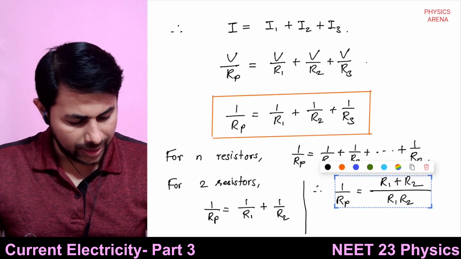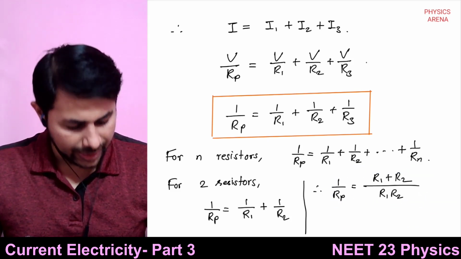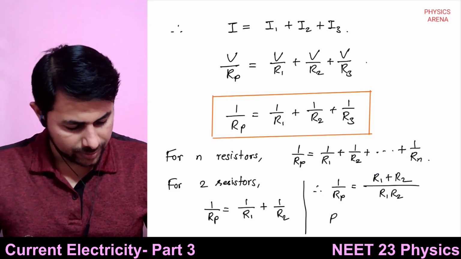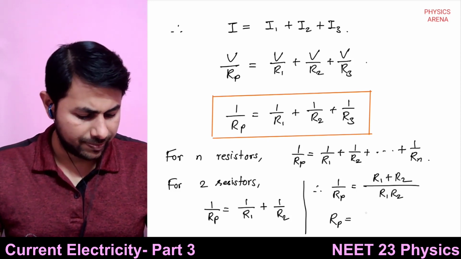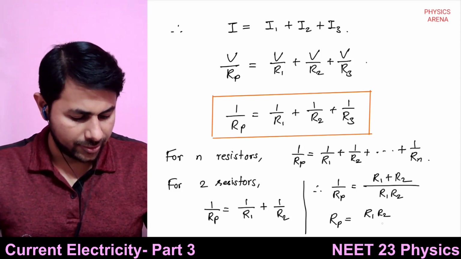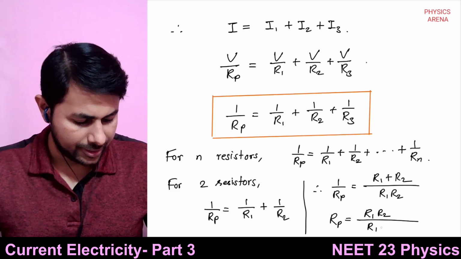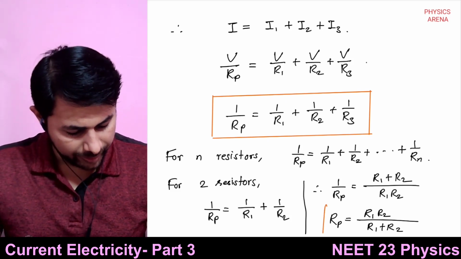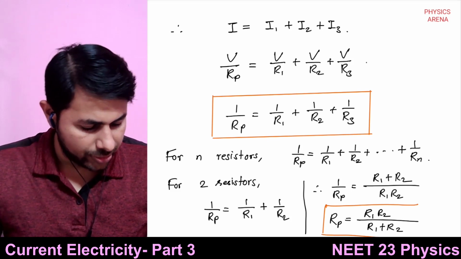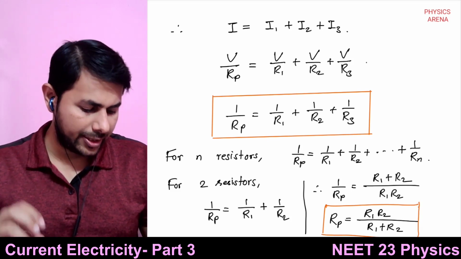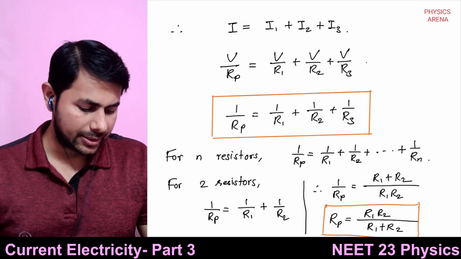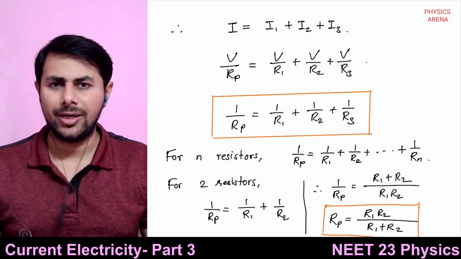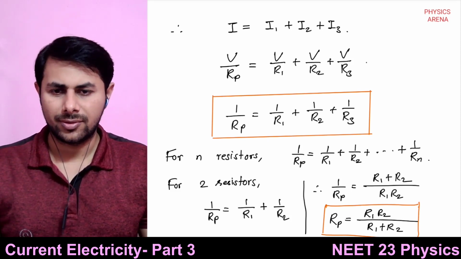So this is 1 upon Rp. We want Rp, the resistance in parallel combination, which is R1 R2 divided by R1 plus R2. So for the case of two resistors, we should be able to write down quickly that it is equal to R1 R2 divided by R1 plus R2.